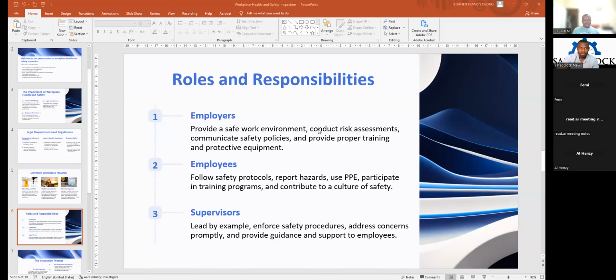Then for us as employees and for other workers, it is our responsibility to comply with all protocols and procedures that are laid down on site. It is our responsibility to report hazards. We don't just see a hazard and close our eyes. You understand?